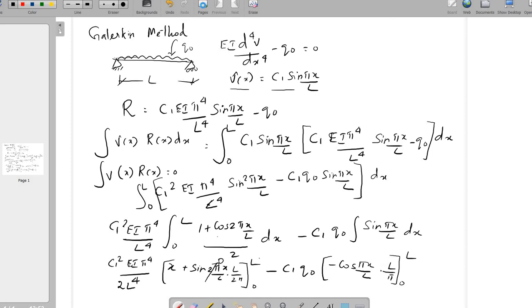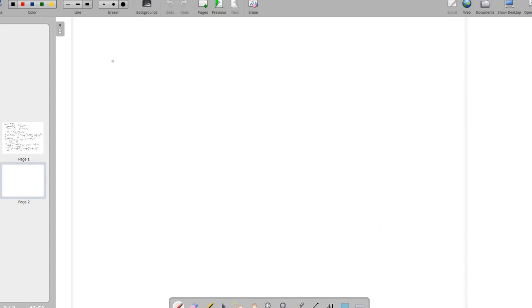The next page. We are left with C1 square EI pi power 4 by L power 4.